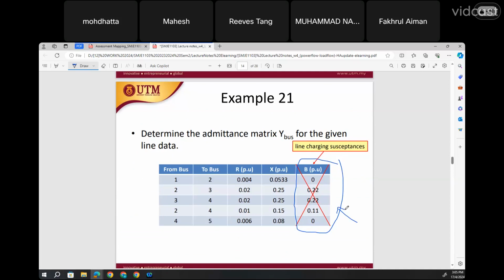But since you are in the first year, it is enough for us to know how we can come up with the admittance matrix. Another thing is the line charging susceptance, basically the shunt capacitor connected to the bus.